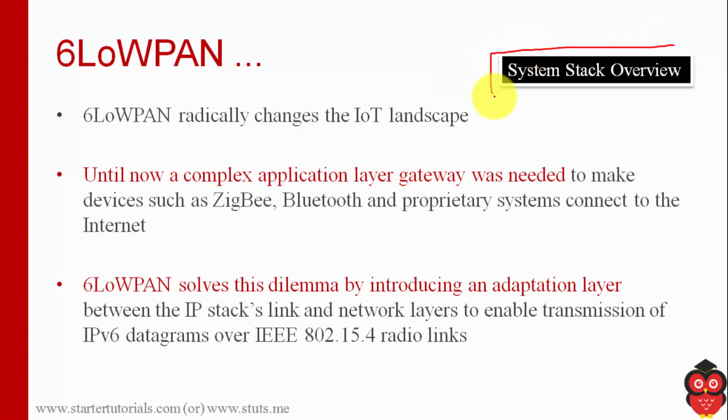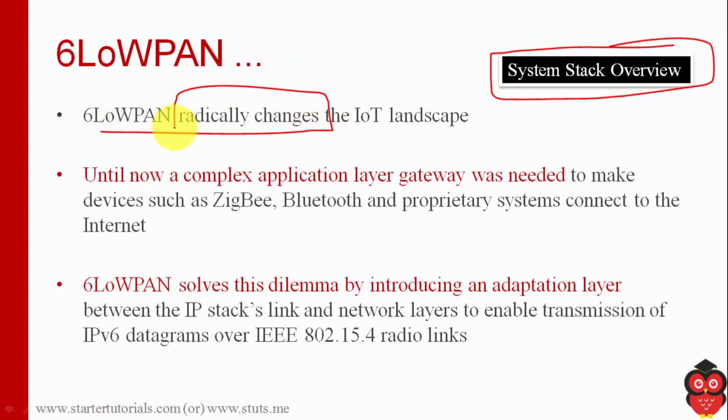Now we will see the 6LoWPAN stack in the next slide. But before that, let's see these things. The development of 6LoWPAN has radically changed the IoT landscape. Before 6LoWPAN was developed, there was something called an application layer gateway.